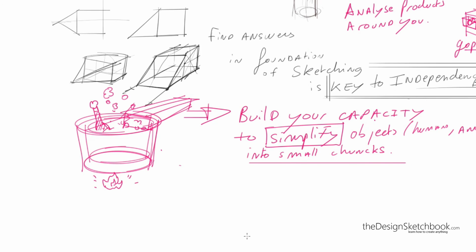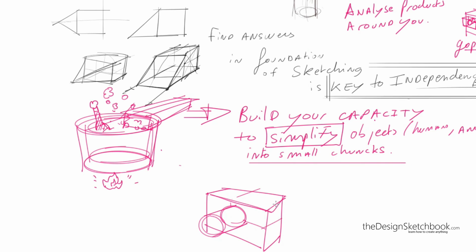So we have a cylinder plus a box. What other products could we create? A camera, for example. You also have a box and a cylinder connected to it. Do you see how much more freedom you can get when you know how to draw these basic volumes?